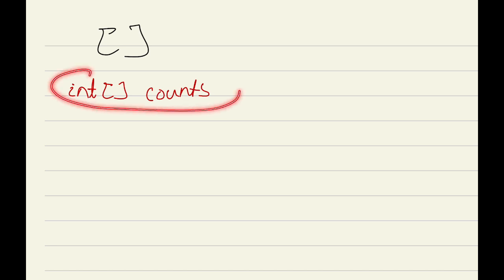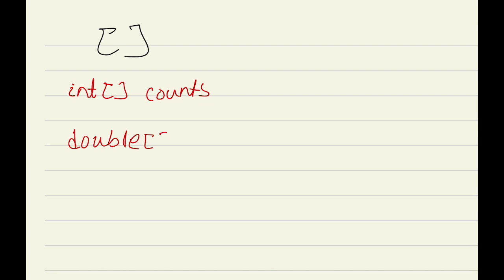For example, we can write int[] counts. This declares that counts is an integer array. Similarly, you can take another one, double[] values.